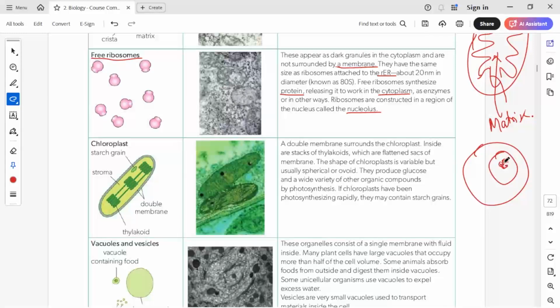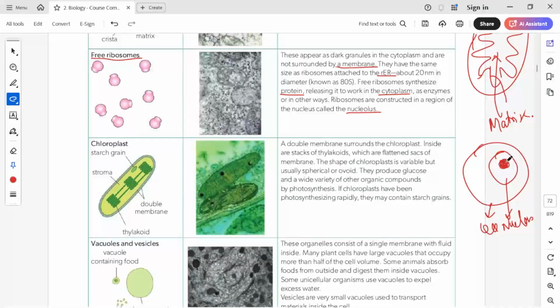Most of the area will have the genetic material. Now this nucleolus doesn't have another membrane outside it, but certain RNA and proteins are concentrated here, and this particular part is called the nucleolus. So if this is a cell, this is a nucleus. The cell is covered by a plasma membrane, the nucleus is covered by a nuclear membrane.